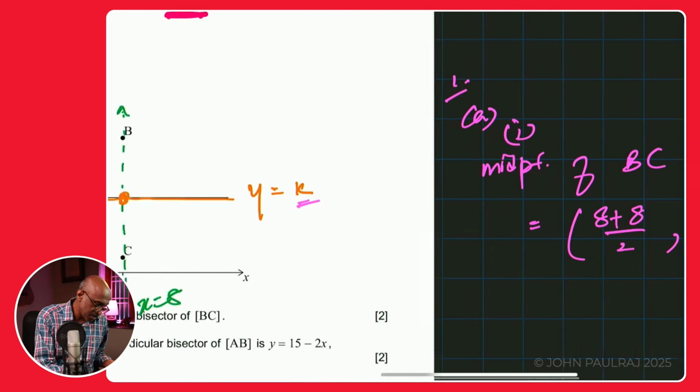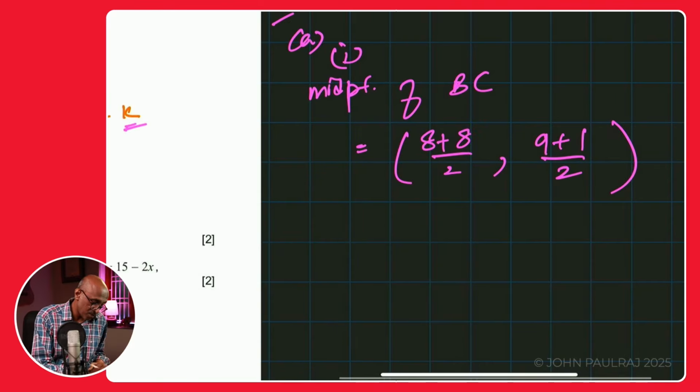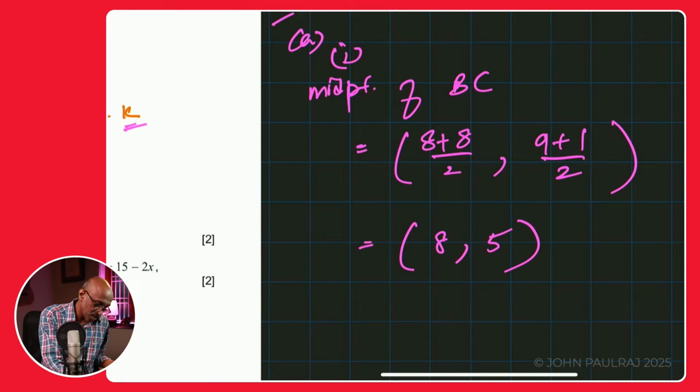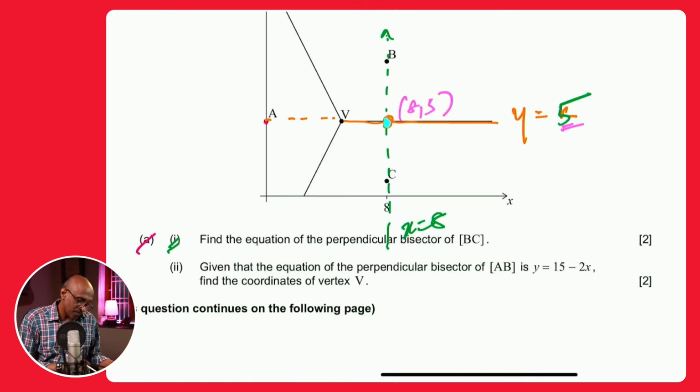With the coordinates that are given to us, 8, 9 and 8, 1, the midpoint of BC is clearly 8 for x, and this should be 5. So the midpoint is (8, 5), and the y coordinate of the midpoint is 5.